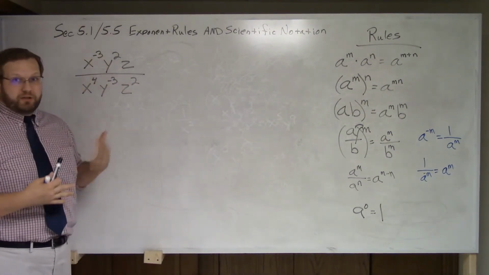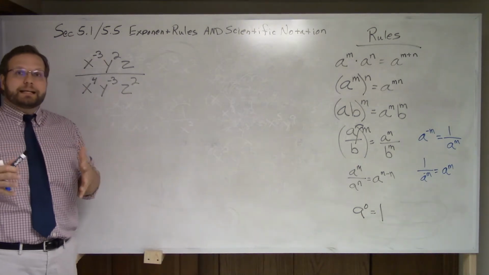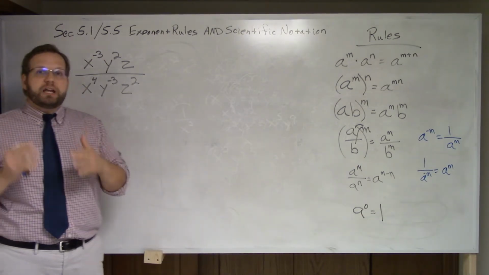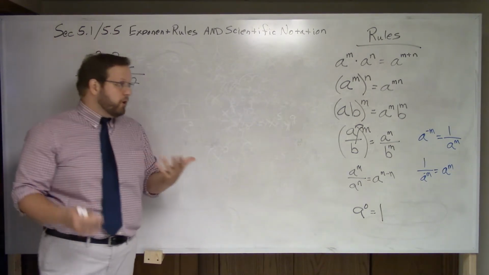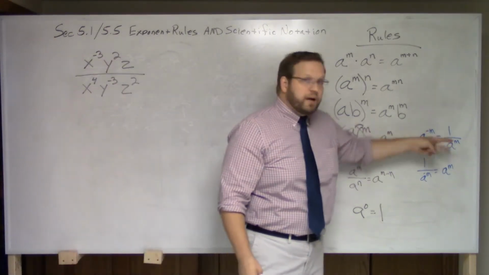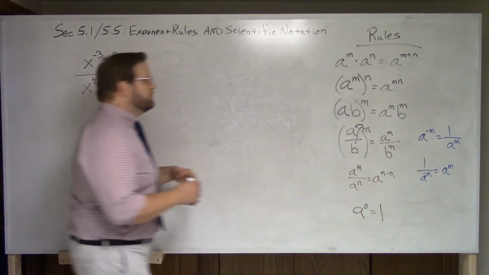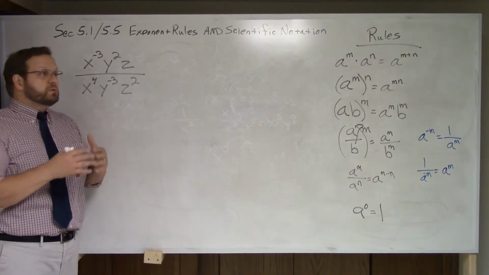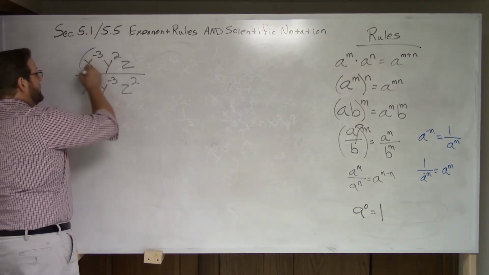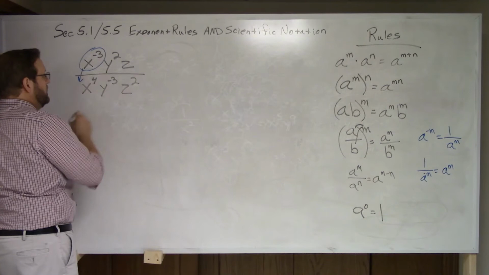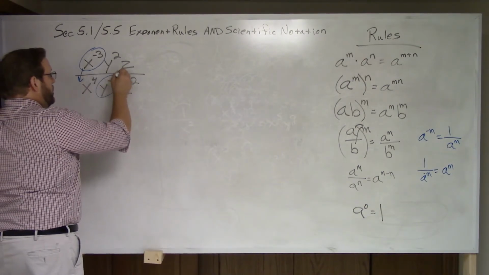There's no parentheses here. It's already laid out for us. The next thing I want you to do is change any negative exponents to positive exponents. Now remember, how do we do that? We flip the fractions. Now that doesn't mean we flip the whole thing. Just flip those bases that have the negative exponents on them. So that means this is going to go down and this is going to go up.